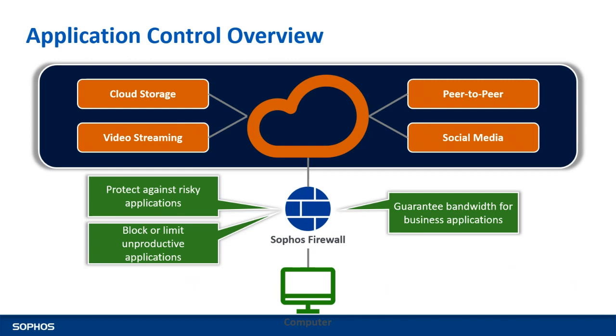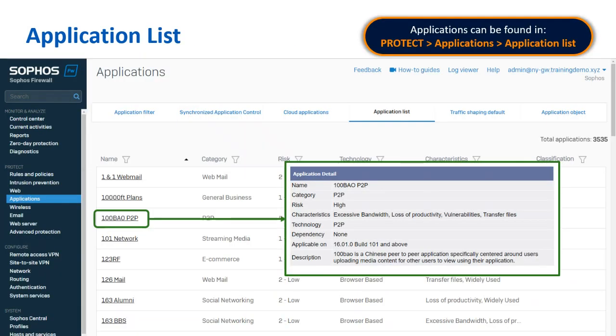The firewall can protect against risky applications and either block or limit access to unproductive applications and at the same time guarantee that the business applications have the bandwidth they need.